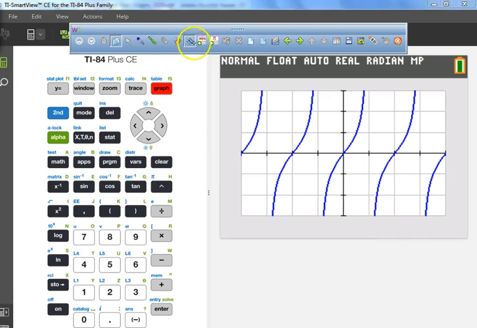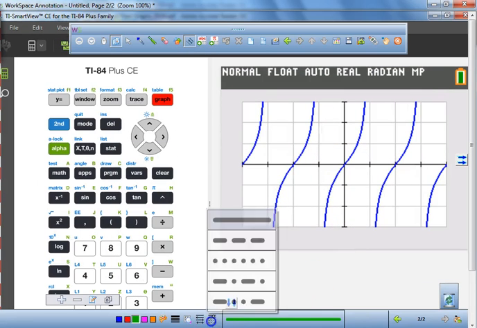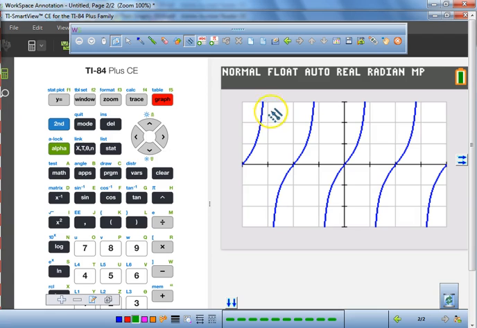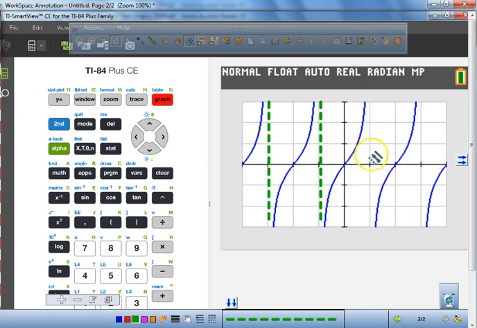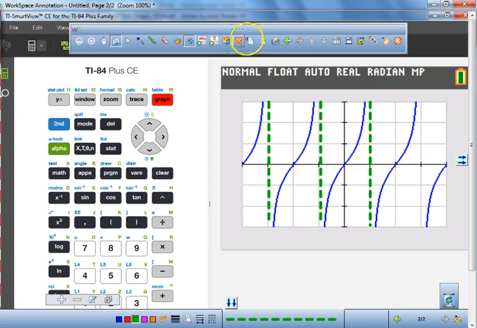So what you're going to do is you need to draw in some asymptotes right here on your paper. These are vertical asymptotes. So make nice sketches to provide you the boundaries for your graph.